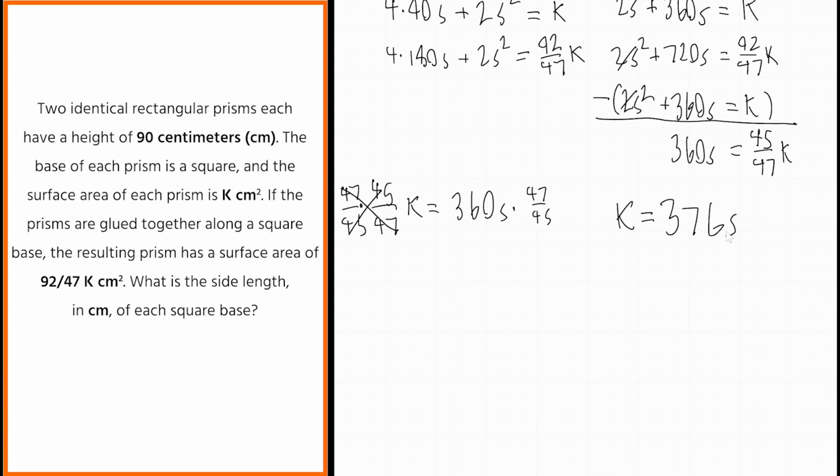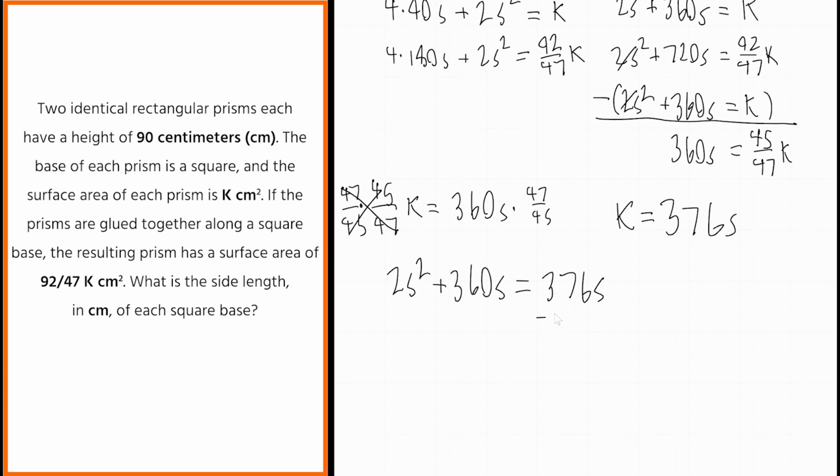So now we have found the value of k in terms of s. And this is incredibly useful because if we go back to our original equation for just one of the 90 height rectangular prisms, we have 2s squared plus 360s equals k. But we know that k equals 376s. So instead of putting k here, we can just write 376s.